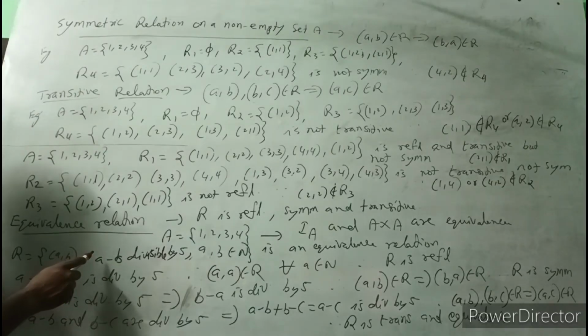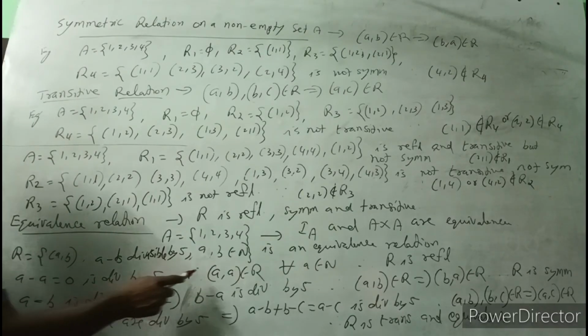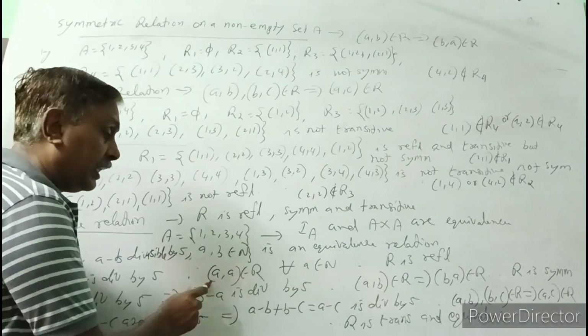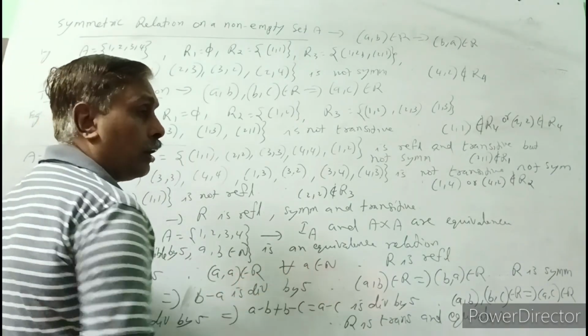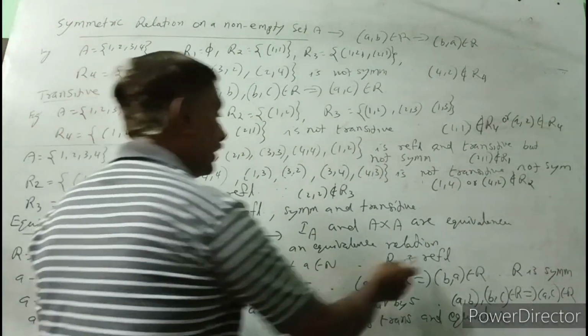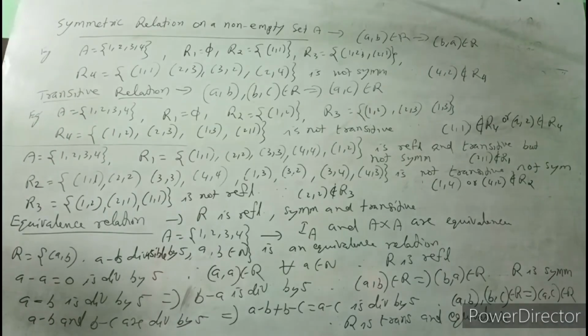So a minus a is equal to 0, which is divisible by 5. Therefore I can say (a, a) belongs to R, and then the reflexive definition holds. For any natural number, for all, whichever natural number you take, it will always satisfy. So R is reflexive.